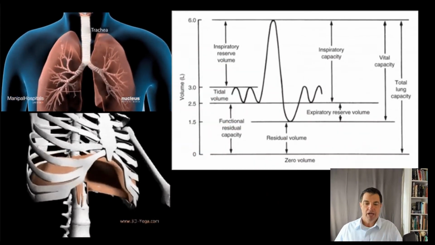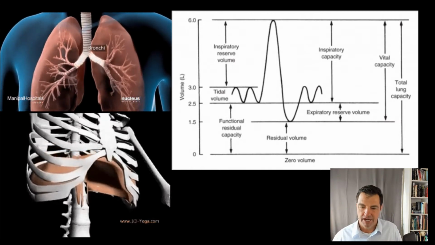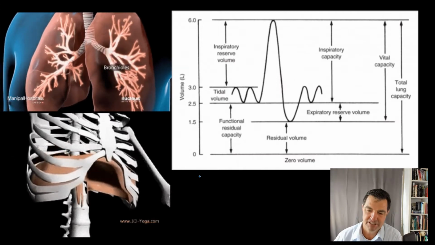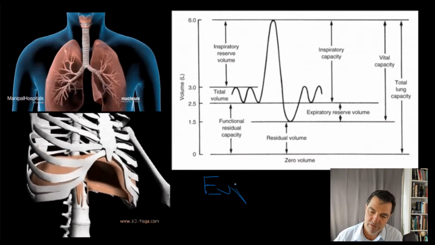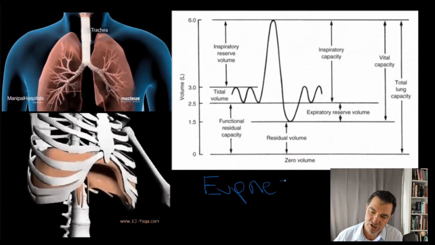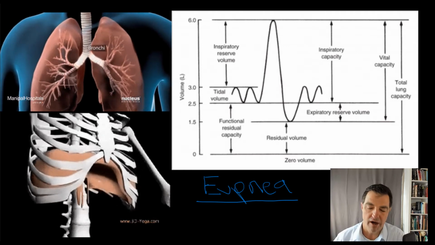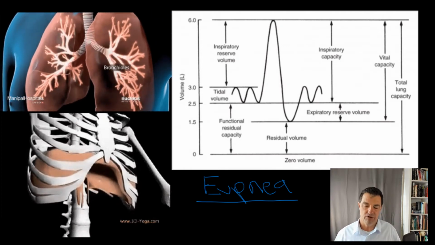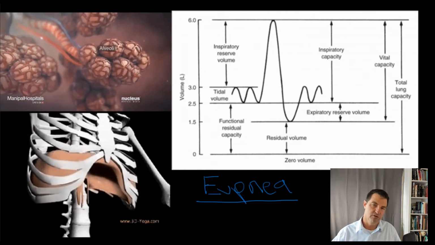Right now as we sit here talking, hopefully, unless something unusual is happening, we're undergoing normal breathing, which is called eupnea. Since I'm talking, that throws off my eupnea, but if I were just sitting, relaxing, and not talking, I'd be breathing in and out at a normal pace.